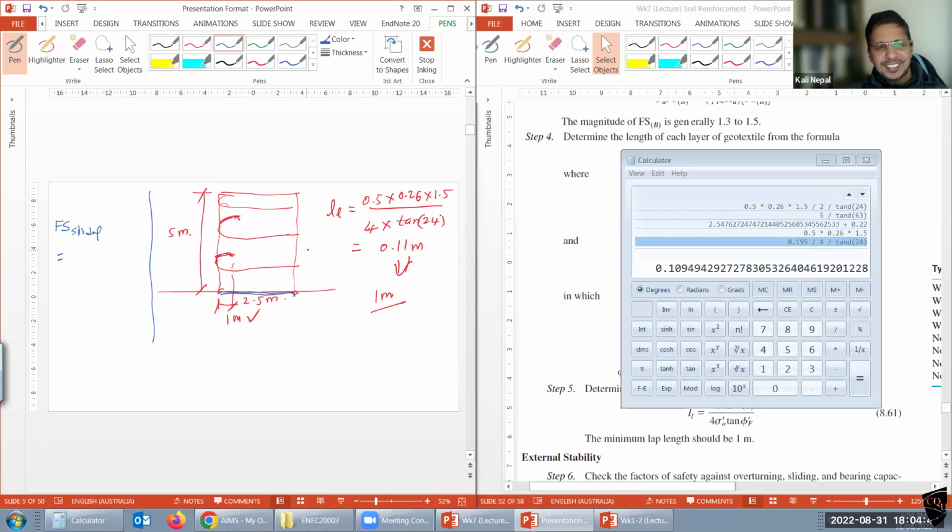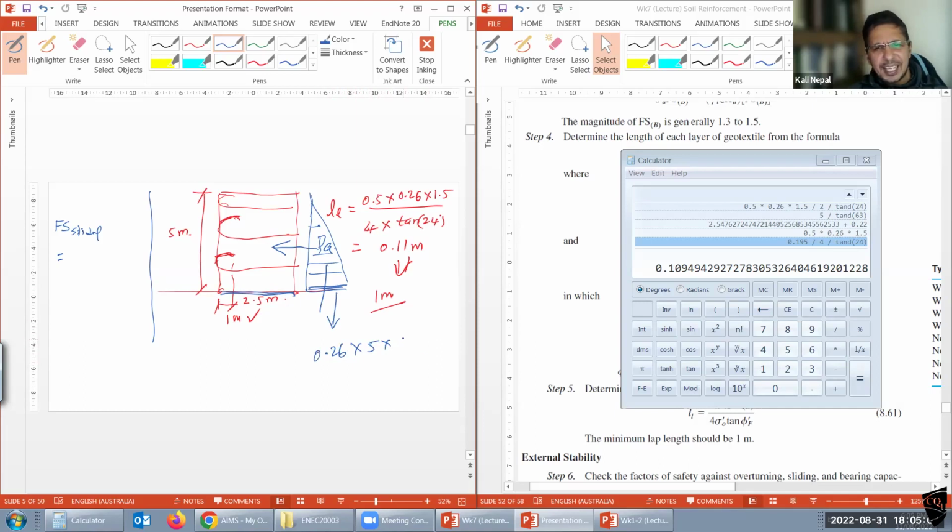What pushes for sliding is PA. PA equals what? Oh, you need to draw this pressure diagram, right? Yeah, that's the pressure diagram. How much is the bottom one now? 0.26 times 5 times what?